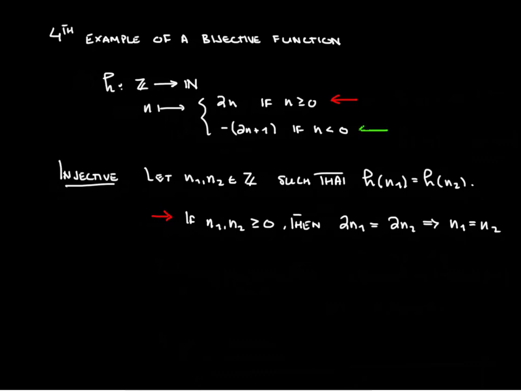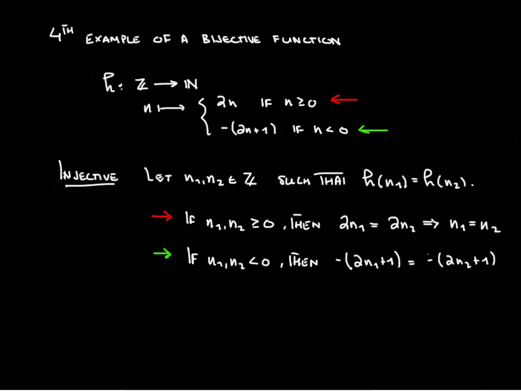For our second case in green, we have negative integers. So if n1 and n2 are both negative, then h of n1 is equal to minus 2 times n1 plus 1, and h of n2 is minus 2 times n2 plus 1.